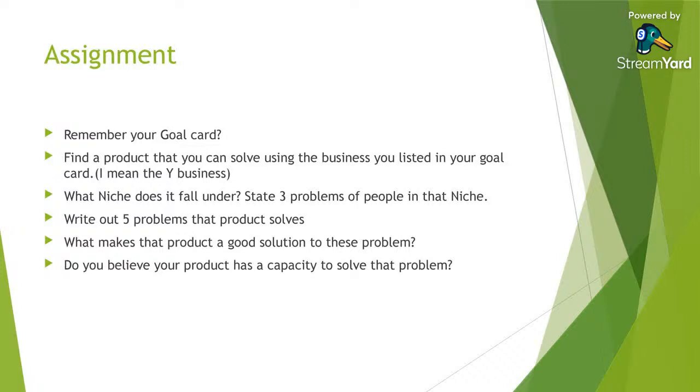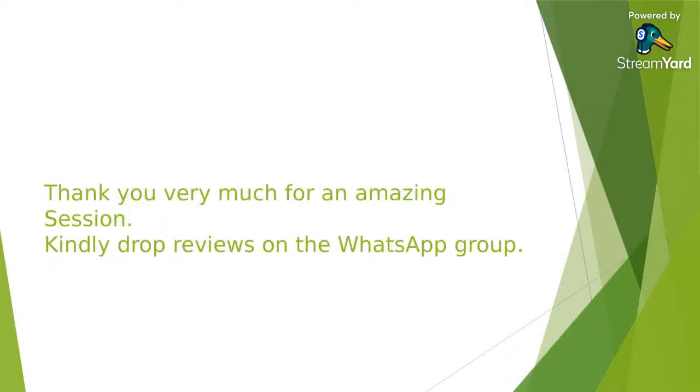So I want 5 problems that the product is going to solve, and what makes the product a good solution. The product has the capacity to solve that problem. That is the aspect of mindset. If you do not believe in your product, nobody else will believe in you. Do you understand?